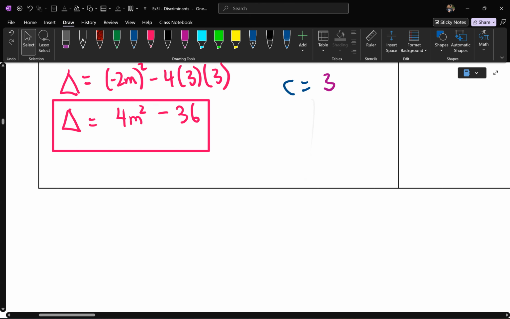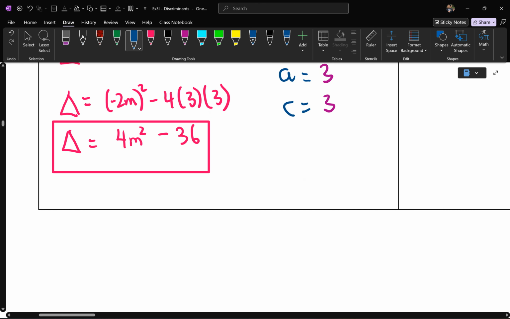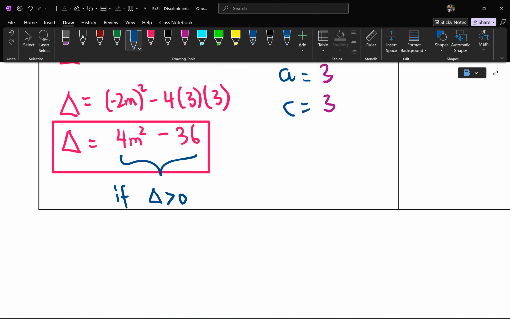So remember we said, whatever m you choose, if the discriminant is positive, you get 2 x-intercepts. If the discriminant is equal to 0, you get 1 x-intercept. And if the discriminant is negative, you can't square root it, so you get 0 x-intercepts.